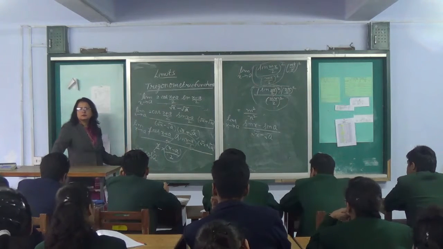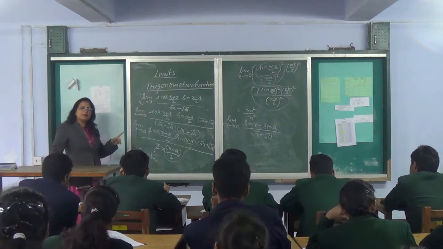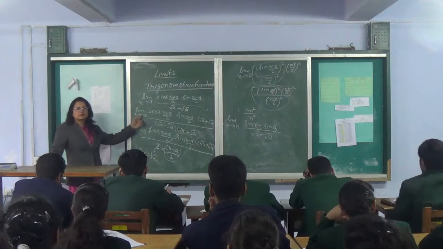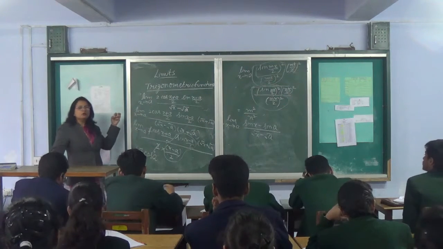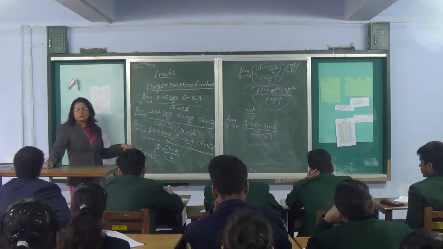This is the answer. So this was the question where we have applied trigonometric identity as well as rationalization. So we have clubbed the two approaches for evaluating the limit.